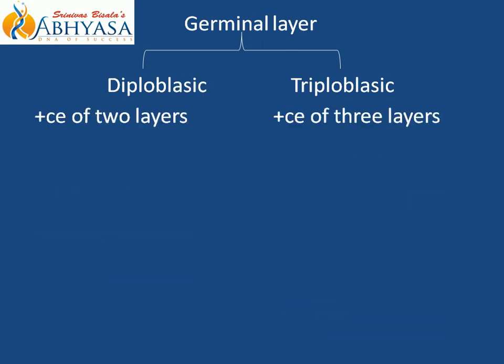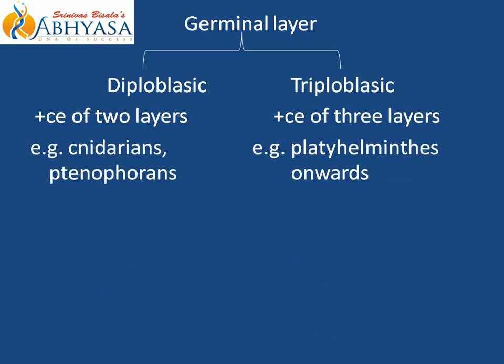So presence of 2 layers. Diploblastic organisms are made up of 2 layers, while in case of triploblastic, there is presence of 3 layers. Examples: phyla Cnidaria and Ctenophora. Which organisms come in Cnidaria?